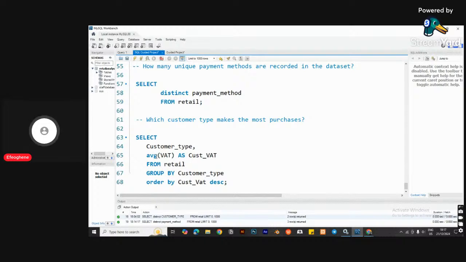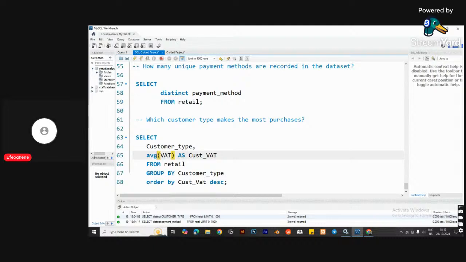That implies us using the count function, because we're counting based on their unique transactions. We're counting all the customer types as it relates to how many times they made purchases. So we're not summing it up, we're counting.